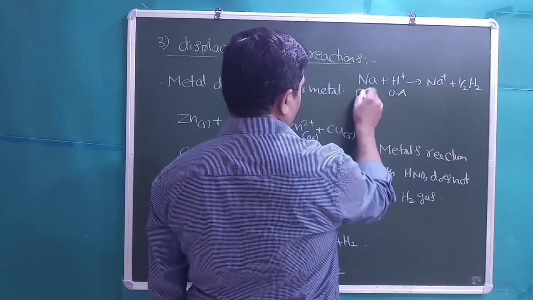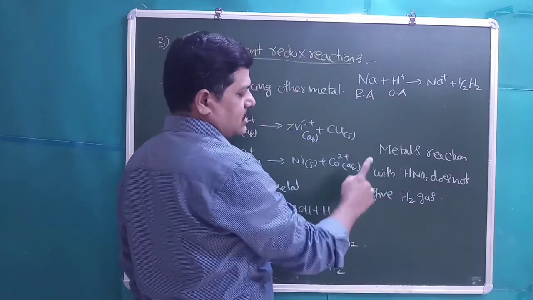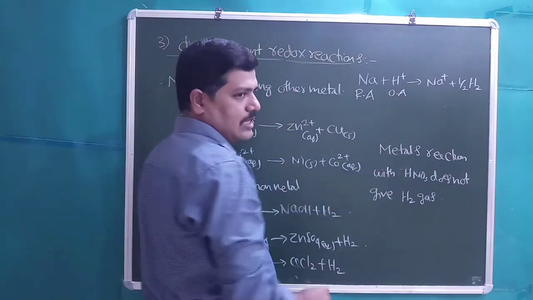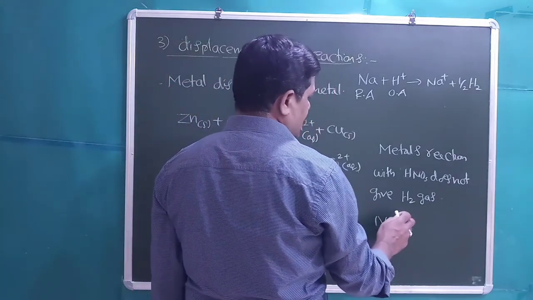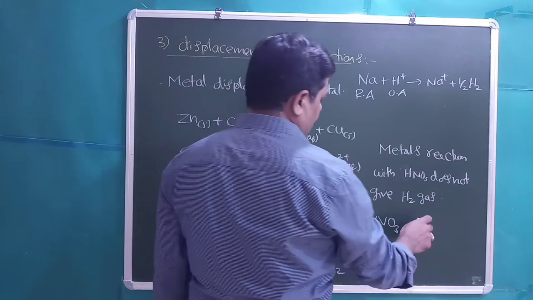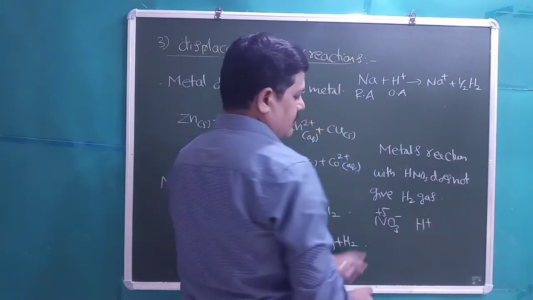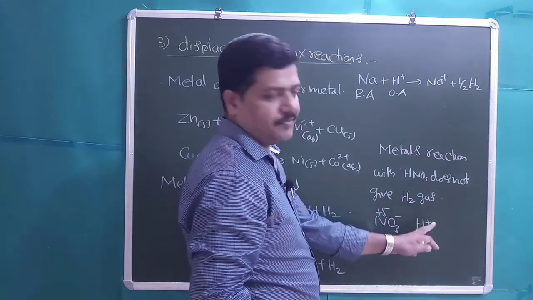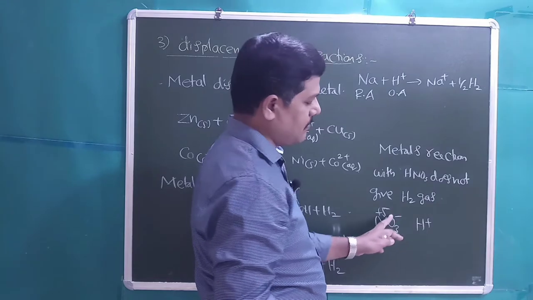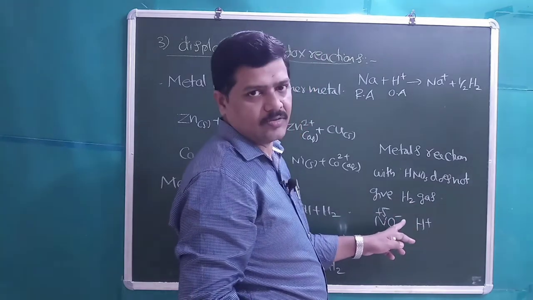Metal is a reducing agent. But in the case of metals reacting with HNO3, here NO3 minus is a strong oxidizing agent. Both H plus and NO3 minus are present. Being a strong oxidizing agent, instead of H plus, NO3 minus will undergo reduction to give oxides of nitrogen.